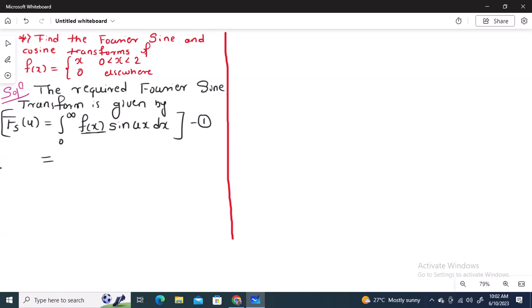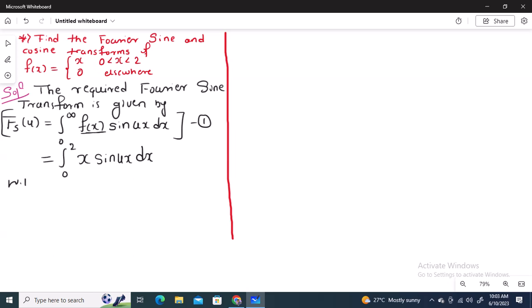So the function is defined in the interval 0 to 2. F of x in the interval 0 to 2 is x, so the integral of x sine ux dx. Then this we have to integrate by the integration by parts method. We already gave it in the previous video also. Now also I'll give it.